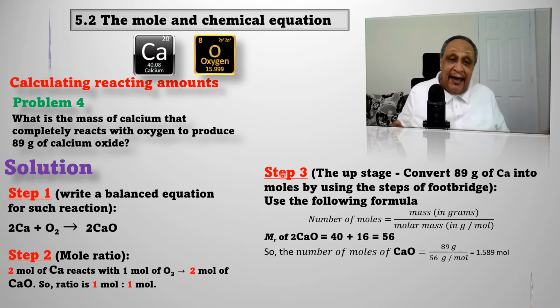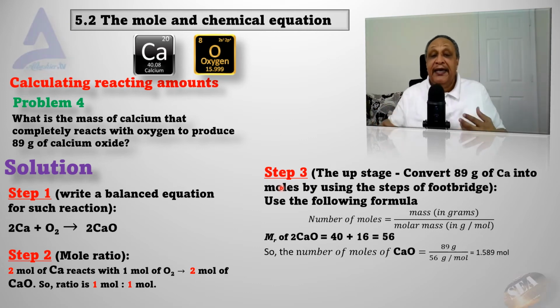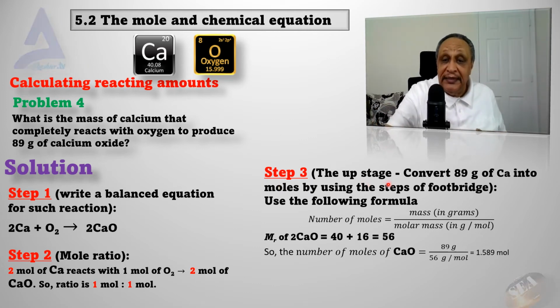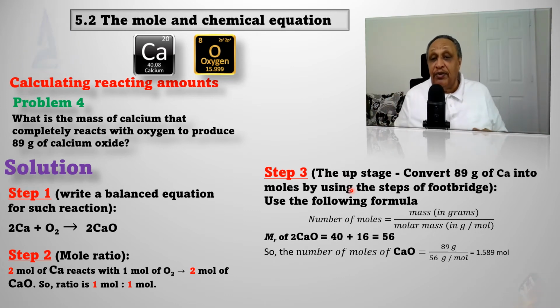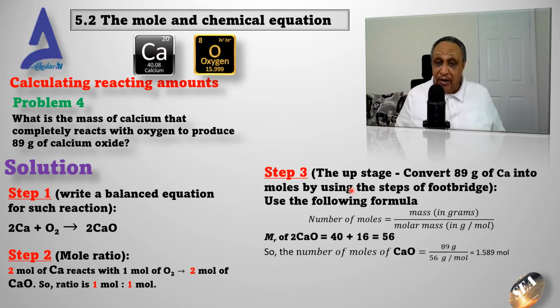What I have here is the amount of the product, so I'm going to use the product in order to solve my problem. I'm going to use this equation: the number of moles equals mass in grams over the molar mass in gram per mole.